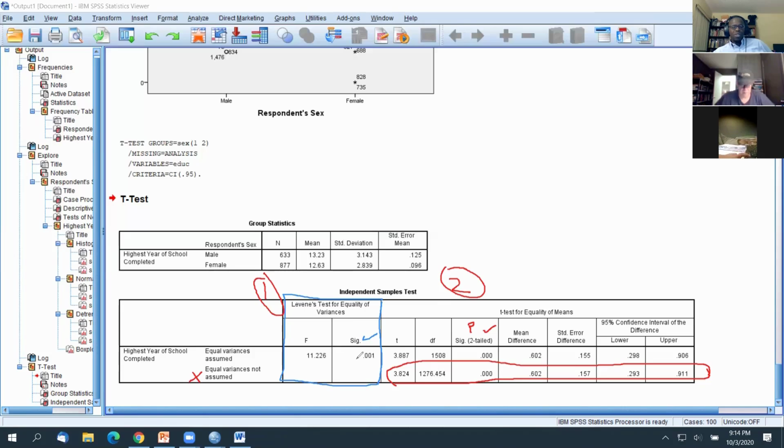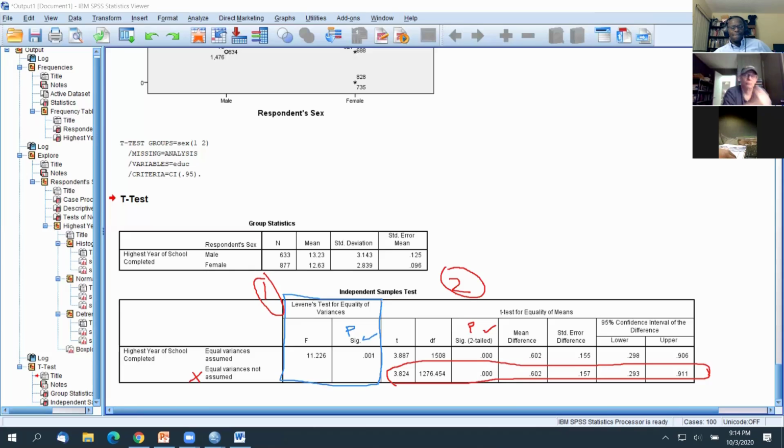And then after you determine whether you should use the top or the bottom numbers, you go over here to step 2 and you look at the p-value here, right? So this is a p-value and that's a p-value. So you look at the p-value for Levene's test, and then you look at the p-value for the independent samples t-test. Does that make sense?